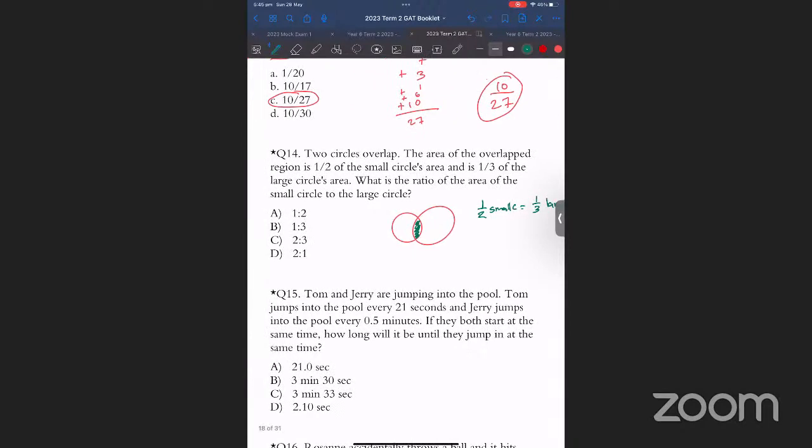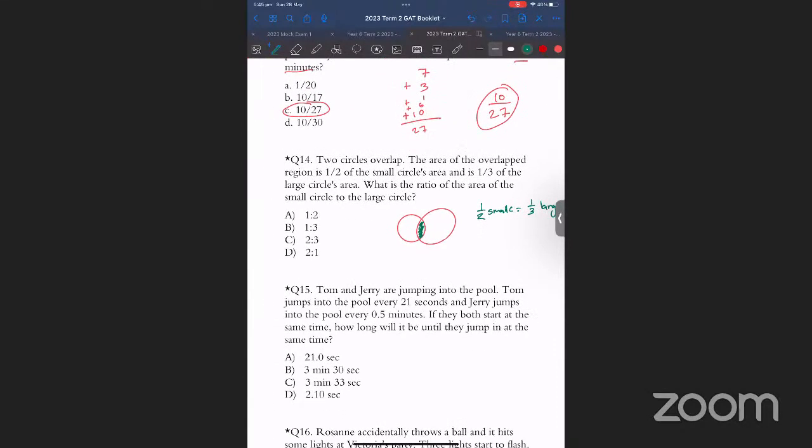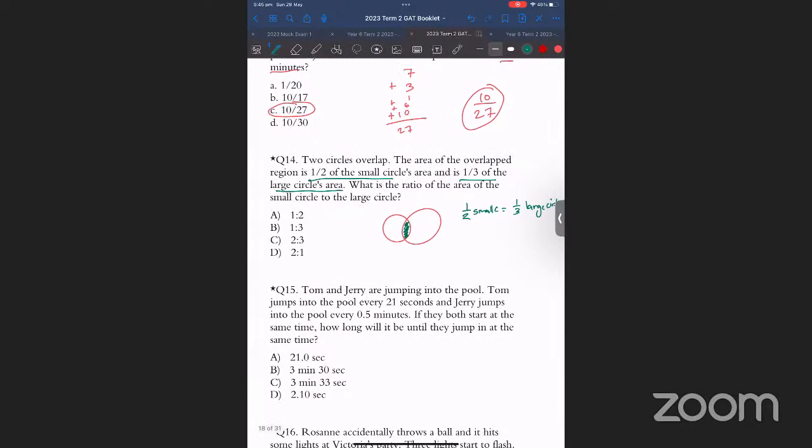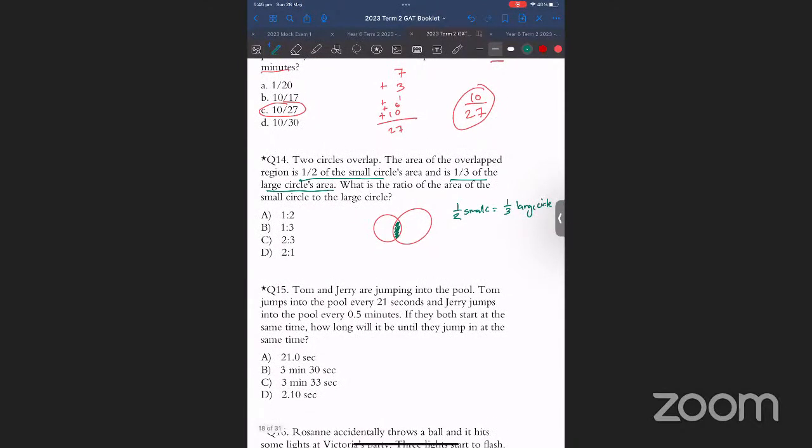The reason being is they're saying that the overlap region is half of the small circle and a third of the large circle. So now we have fractions. Let's make it whole. So what it's basically saying is that half of the small circle is the same as a third of the large circle.